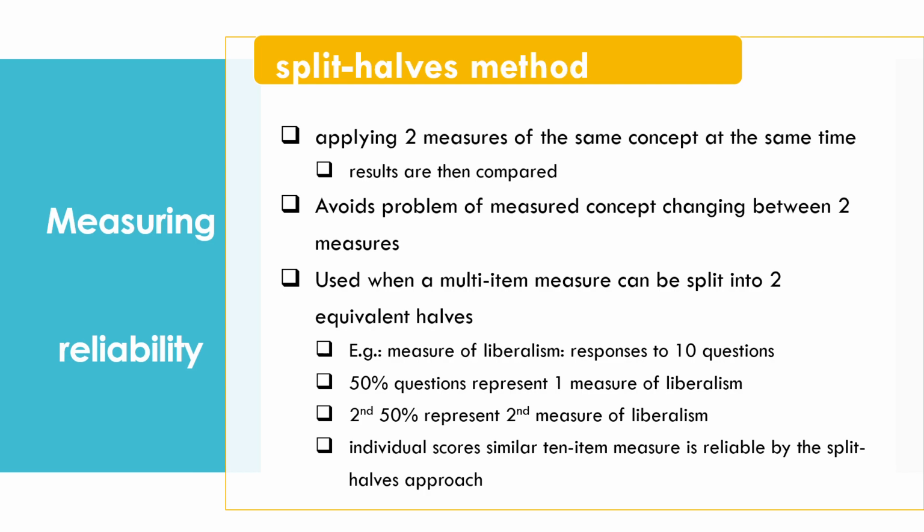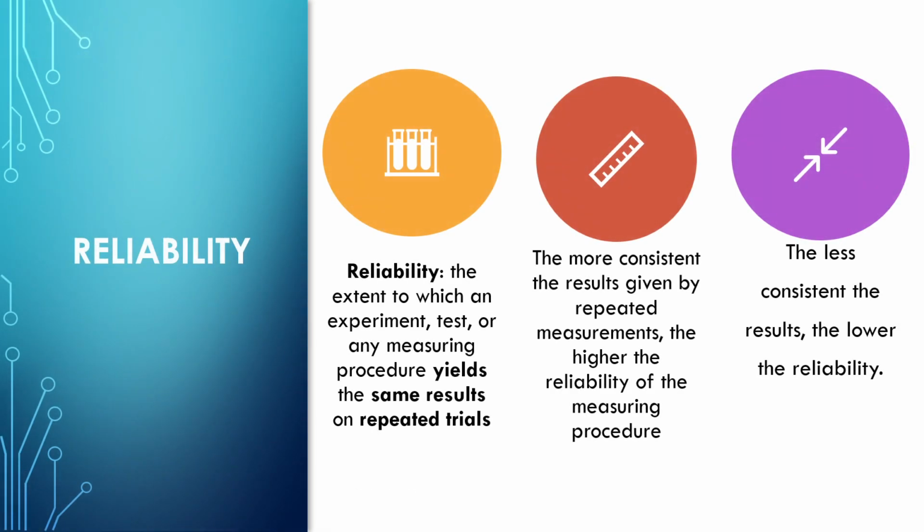So generally, we agree that things like social security, welfare, military spending, these are issues that can tell you whether someone leans conservative or liberal. And so you can develop those measures and then compare the results. So half the questions would represent one measure and half the other questions would represent the second measure.